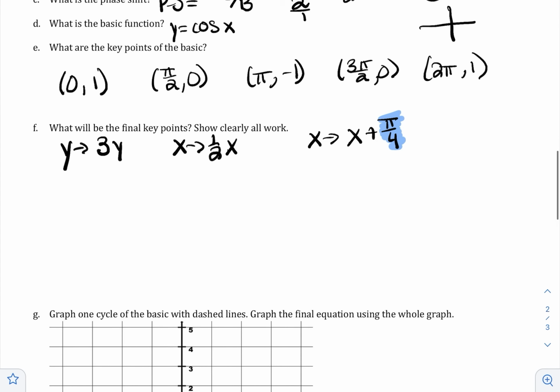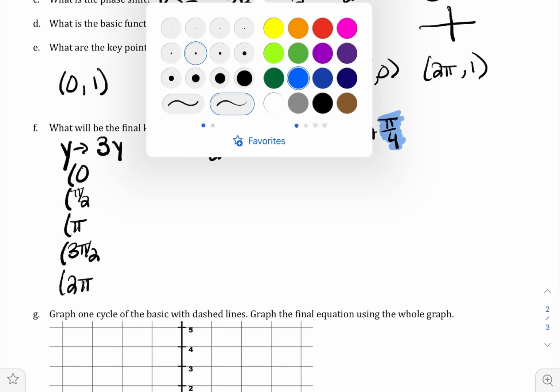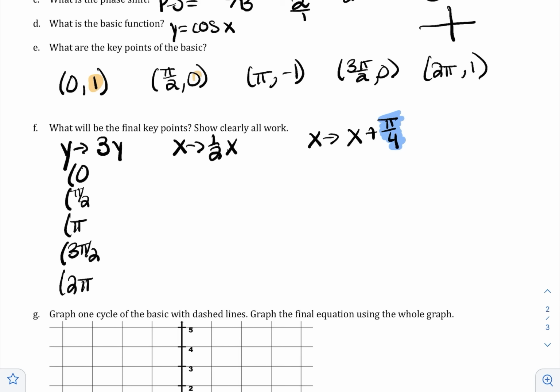Okay, so let's apply the 3y first. My x's are not going to change. They're just going to be the exact same axis angles from above. But then I'm going to apply the 3 to the y's, and I'm going to multiply them by 3. So 1 times 3 is 3.